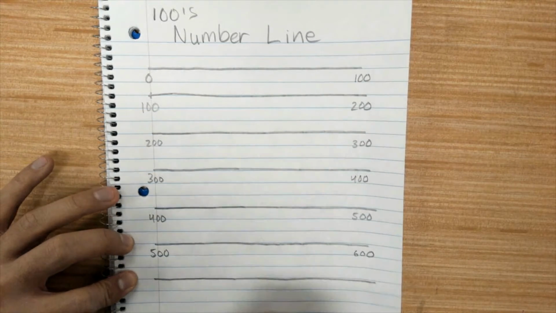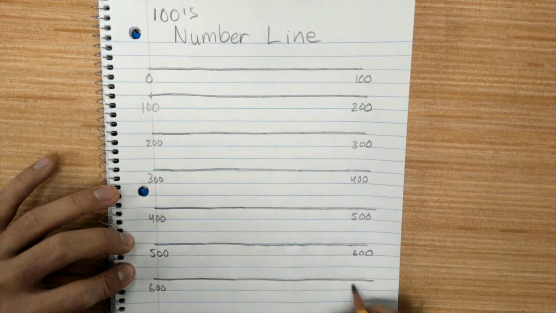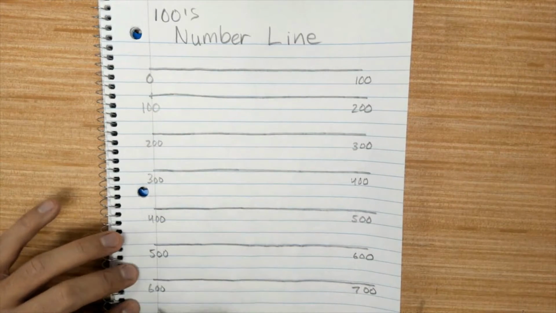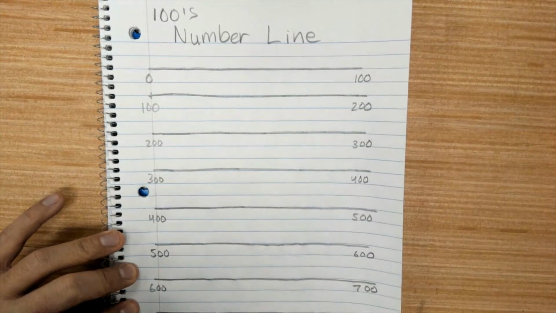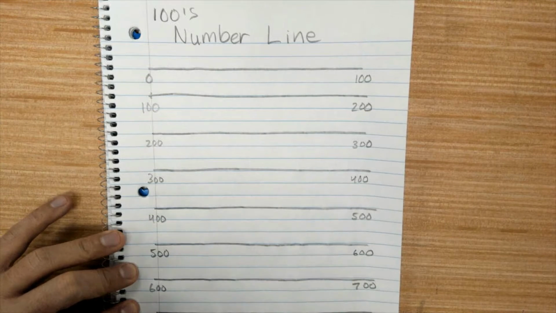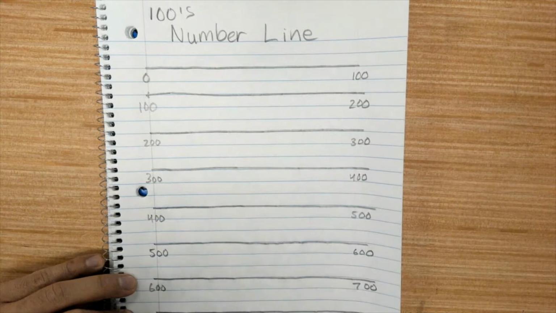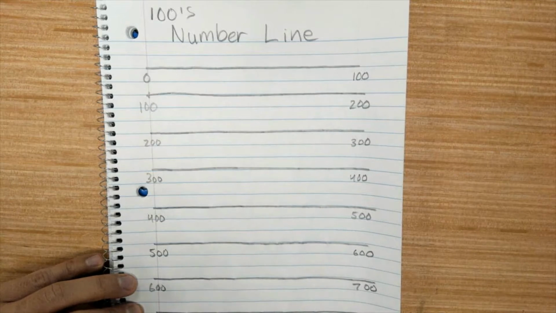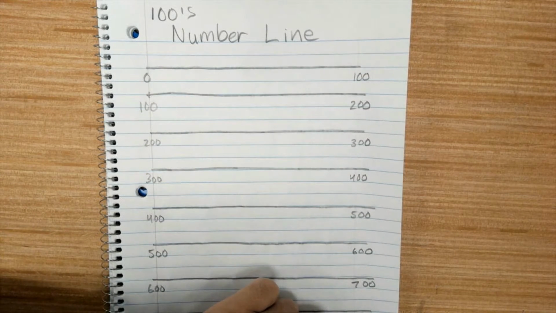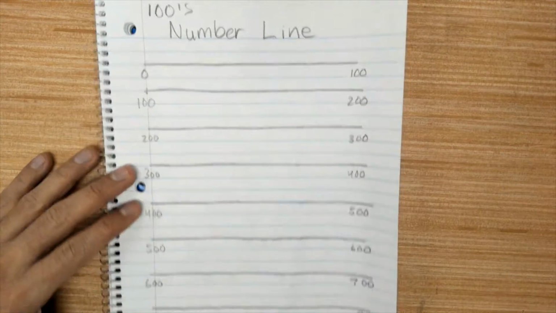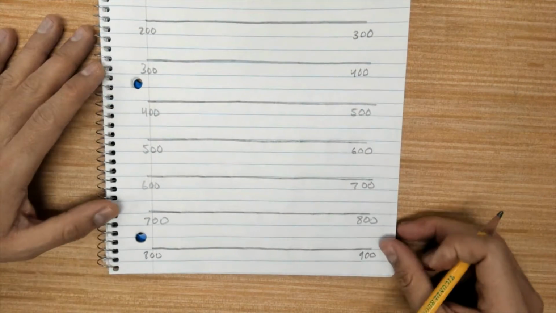Pattern continues. 600, 700. 700, 800. And over here I go 800, 900. When I turn my page, you can always, and there you go. I'm sorry, you couldn't see it, but that's the pattern.